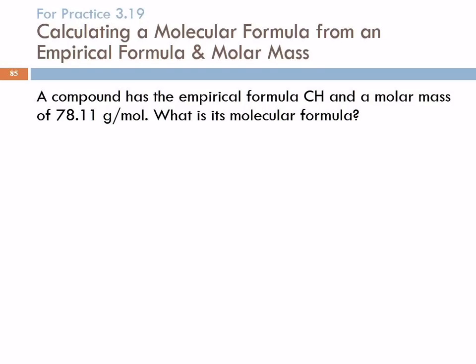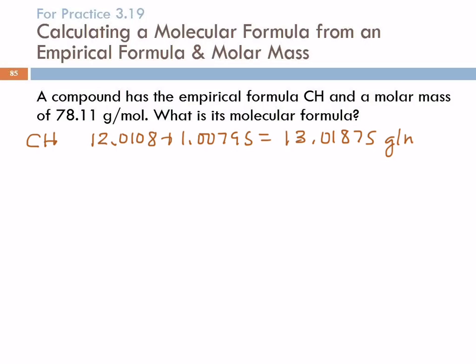So the molar mass for CH, there's 1 carbon and 1 hydrogen, so it's 12.0108 plus 1.00795. So 13.01875 grams per mole.